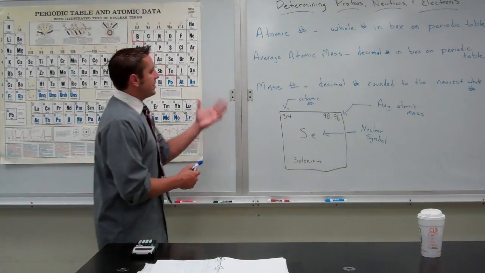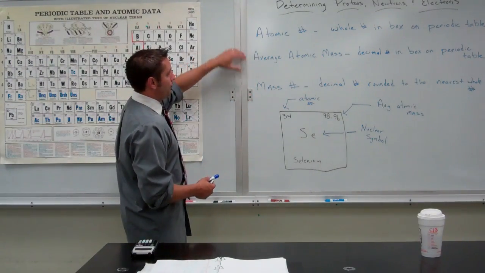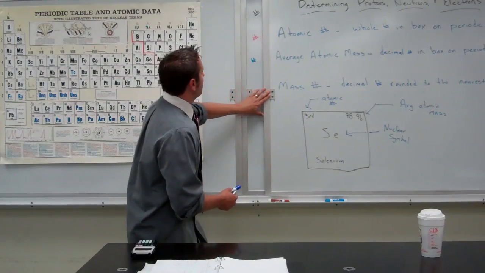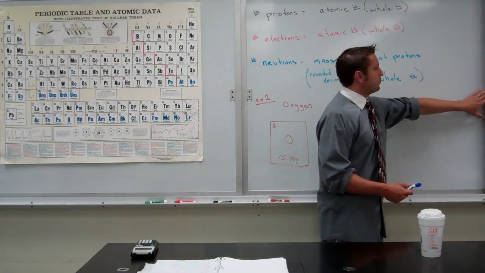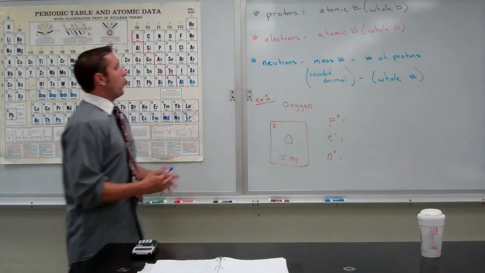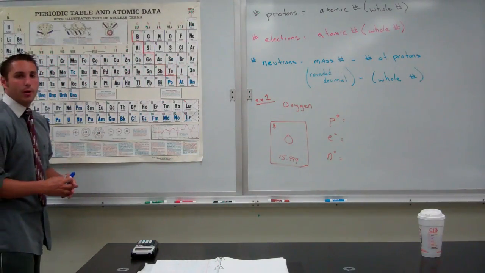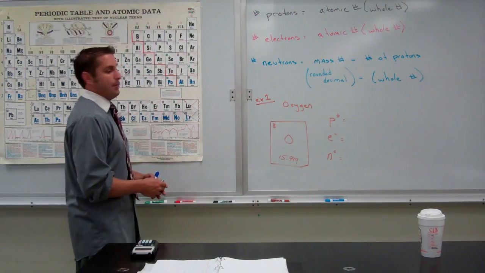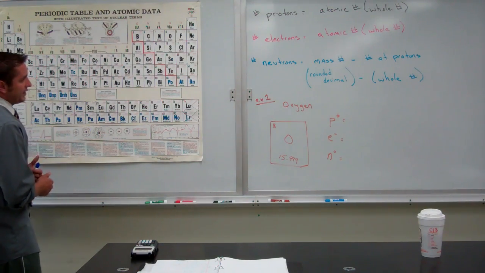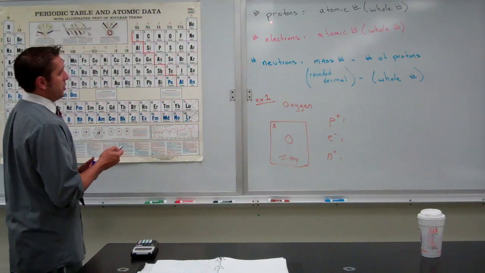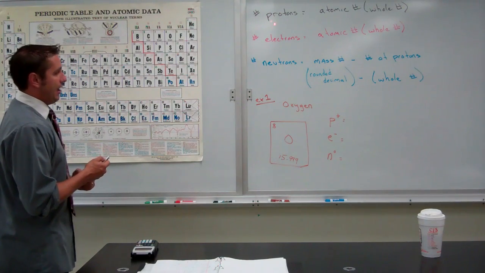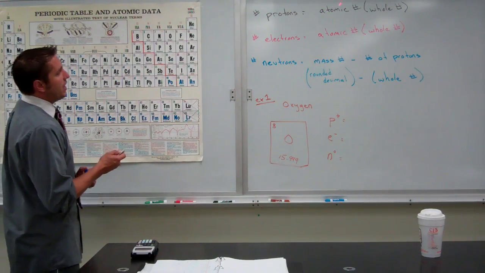So, how is it that these things link up to the protons, neutrons, and electrons? You can take a look here. These are our general rules for identifying how many protons, how many neutrons, how many electrons. The number of protons in an element is equal to the atomic number.